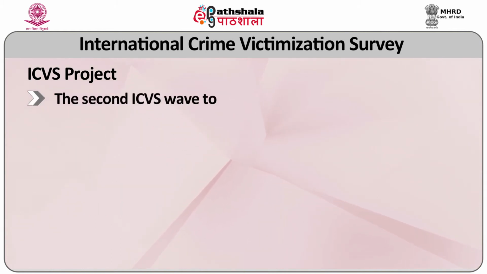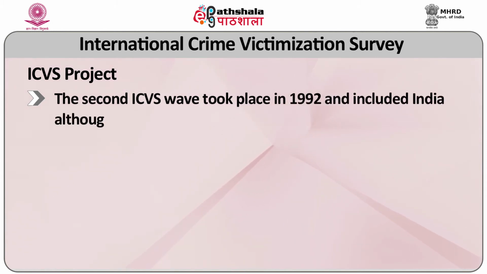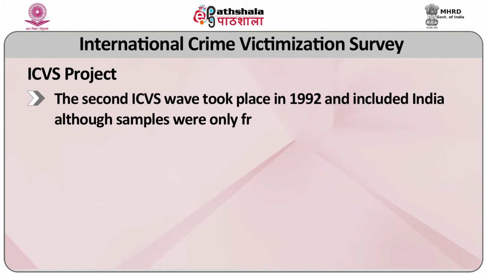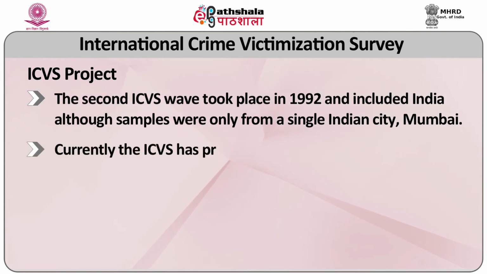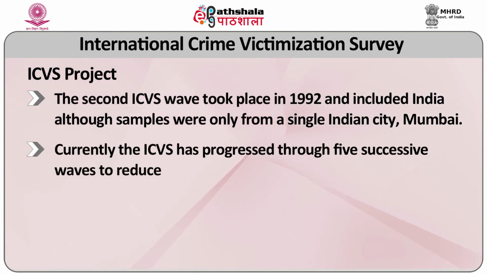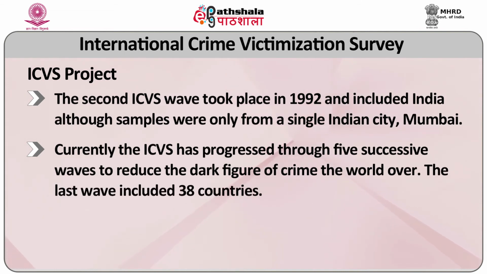The second ICVS wave took place in 1992, and this included India, although samples were only from a single Indian city, that is Mumbai. Currently, the ICVS has progressed through 5 successful waves to reduce the dark figure of crime the world over. The last wave included 38 countries.